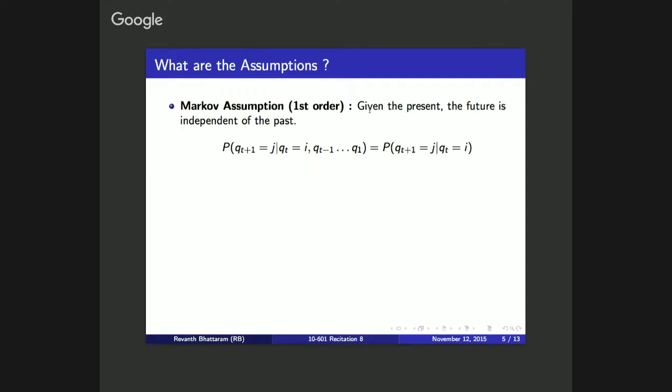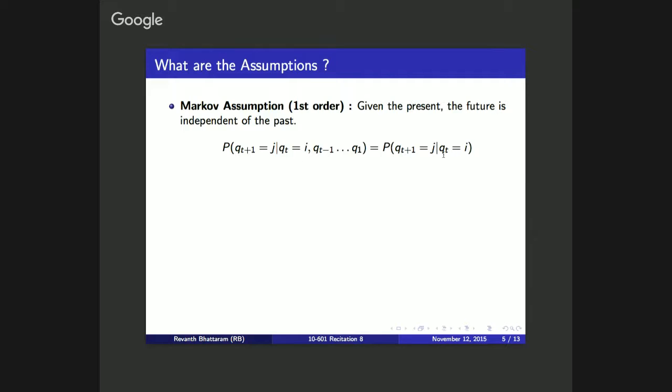So given the present, the future is independent of the past. So the probability that q_{t+1} equals J, given where I am right now, the previous step, and so on, is simply the probability that q_{t+1} equals J given that I'm in I right now. So this is a first order Markov assumption.